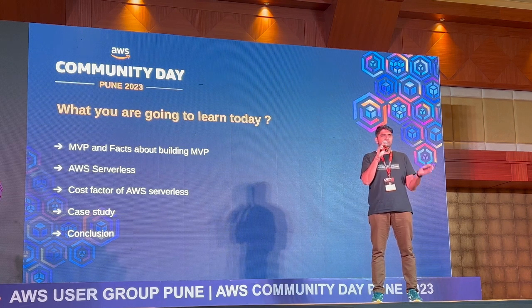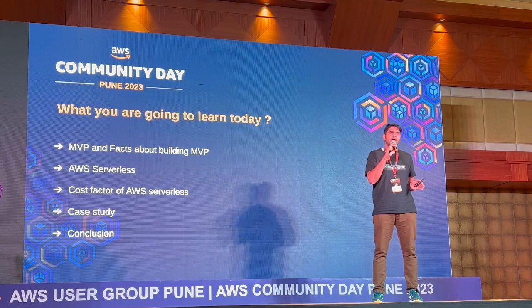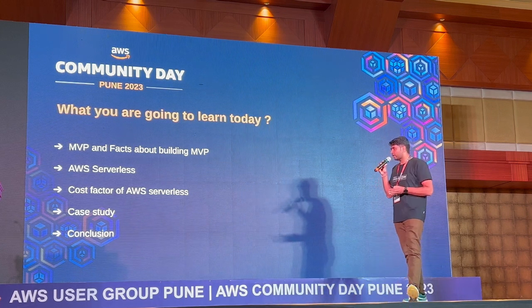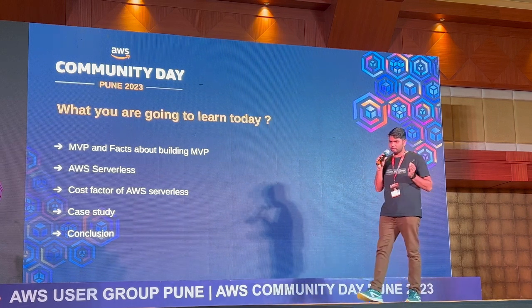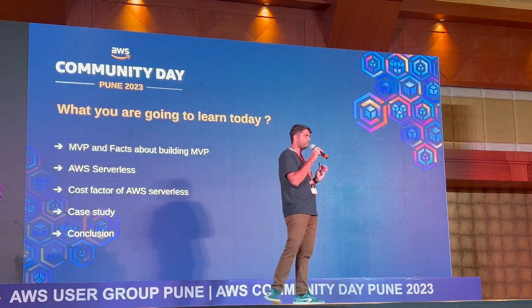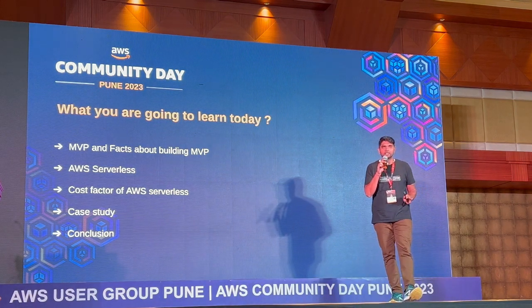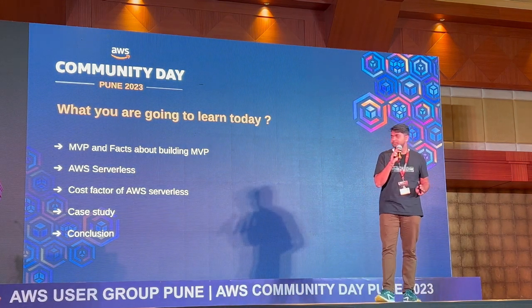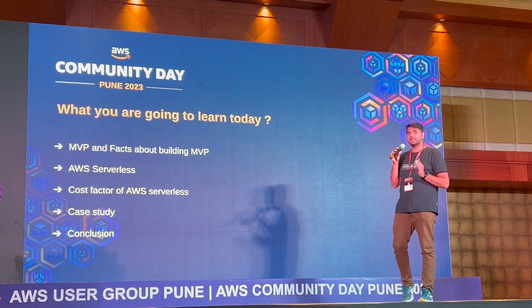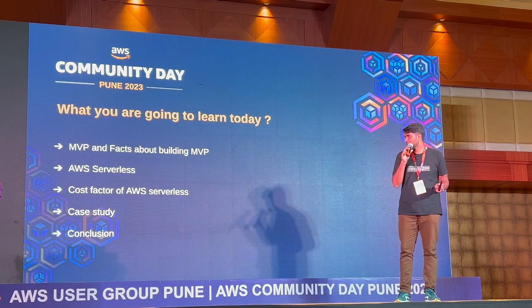On the same note, we'll talk about which serverless services we can use to build an MVP, and then the cost factor of AWS serverless. The serverless services provided by AWS have amazing facts to be considered while defining your AWS architecture, which can help you save cost. And then I'll present the case study which we built for one of the startups at a previous company.